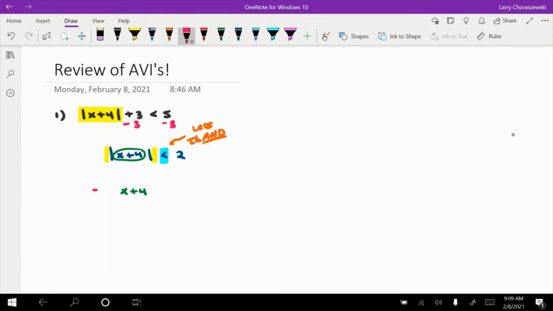The number on the left is the opposite of the 2 that's involved in our inequality. And then the number on the right will be the positive version of it. And keep in mind the inequality symbol involved is the less than symbol. So we're going to put a couple of less than symbols to separate the middle part from the opposite numbers. So far, so good?